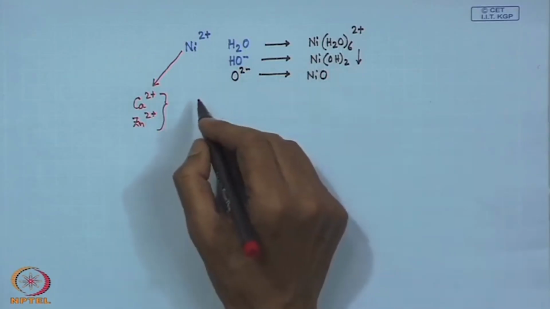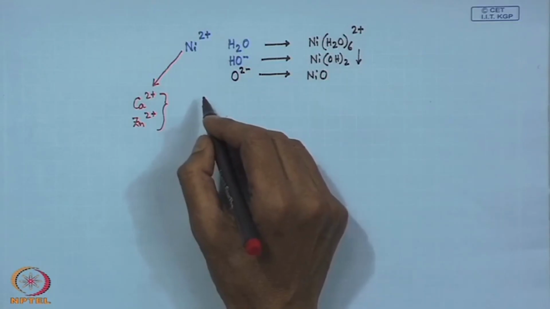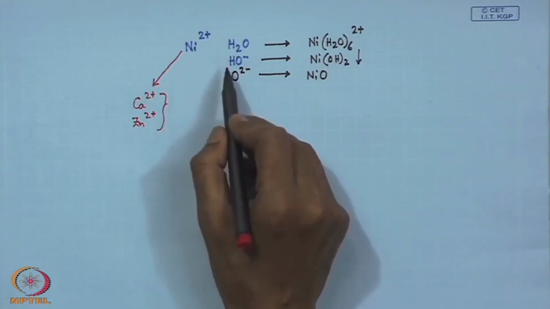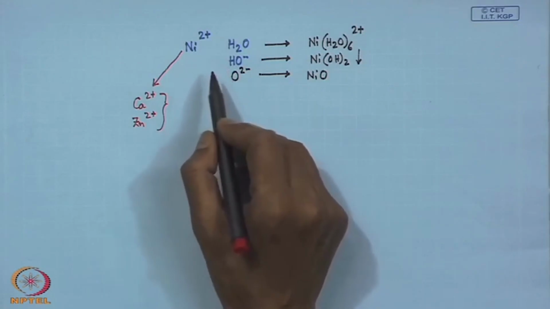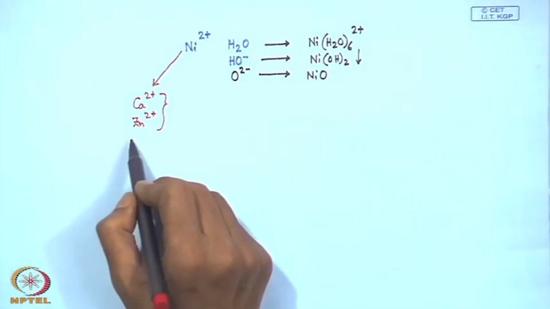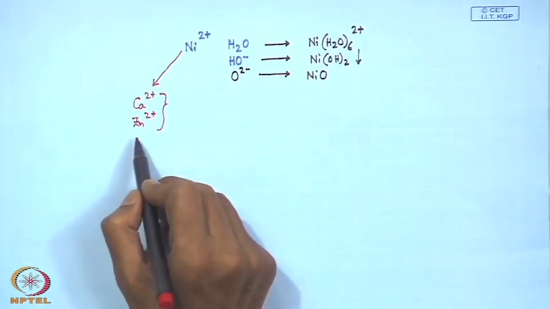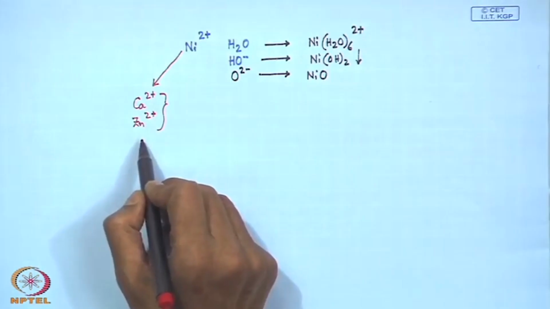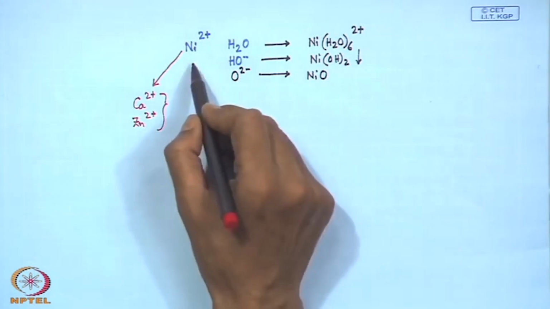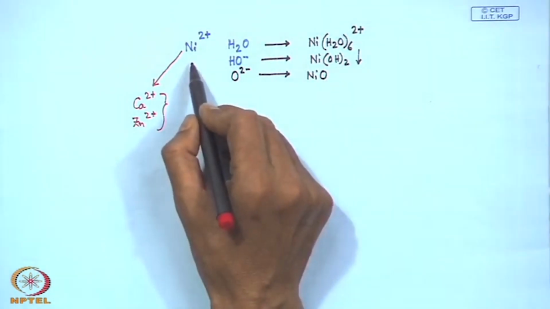So in today's class, we will see how these interactions are completely different when a particular metal ion has no d electron in its orbitals and when the metal ion has some d electrons in it.